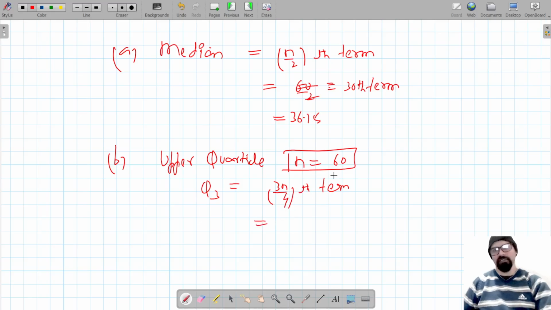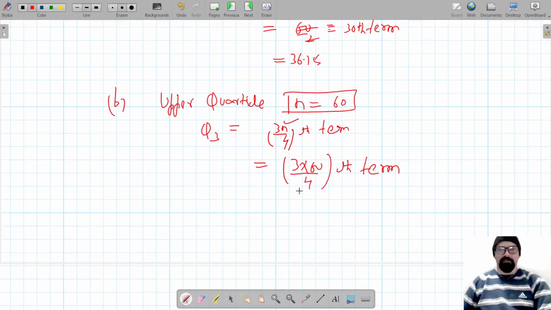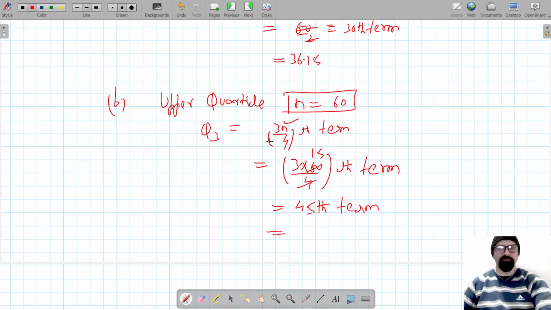If you replace n with 60, this is 3 into 60 by 4 term, which is 180 by 4. 4 fives are 20, which gives me the 45th term. So let's get the 45th term from the ogive.